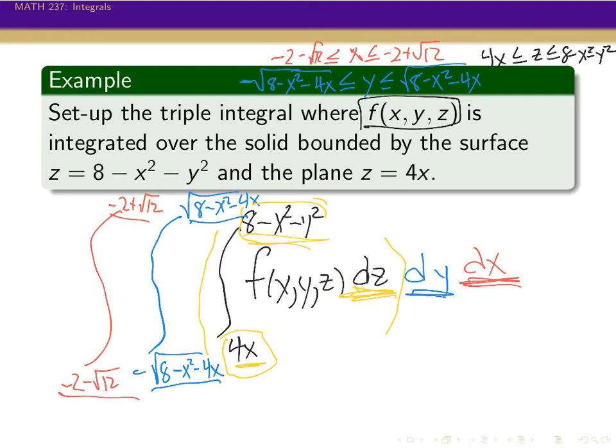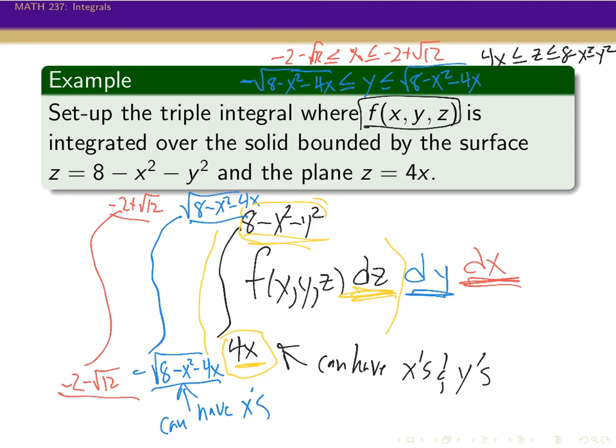The next one in can have just the variable that's going to be integrated last. So in these bounds for y, these can have x's, and in the innermost bounds, these can have x's and y's.